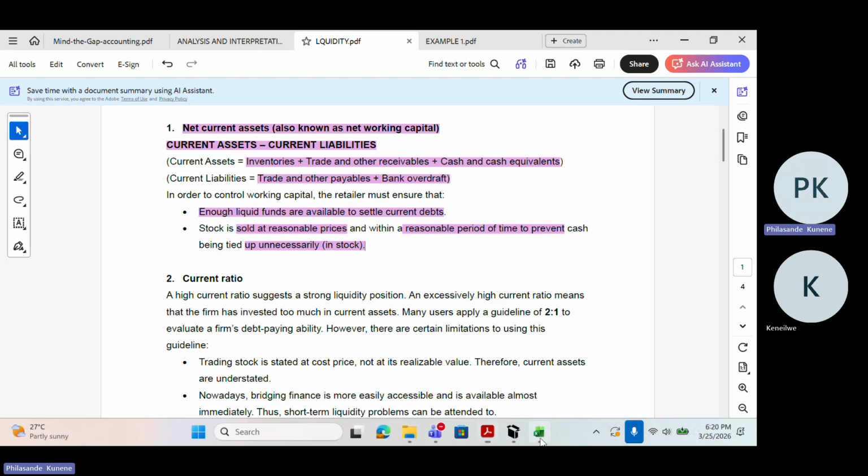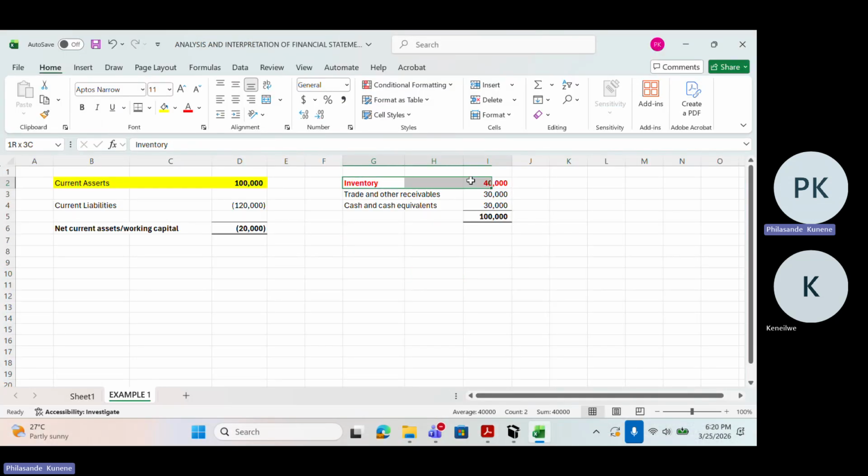If it takes long, remember there is cash here. This is stock that should be converted into cash.